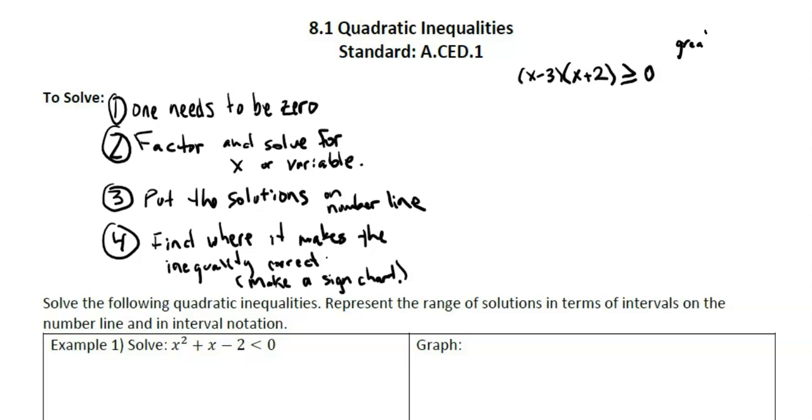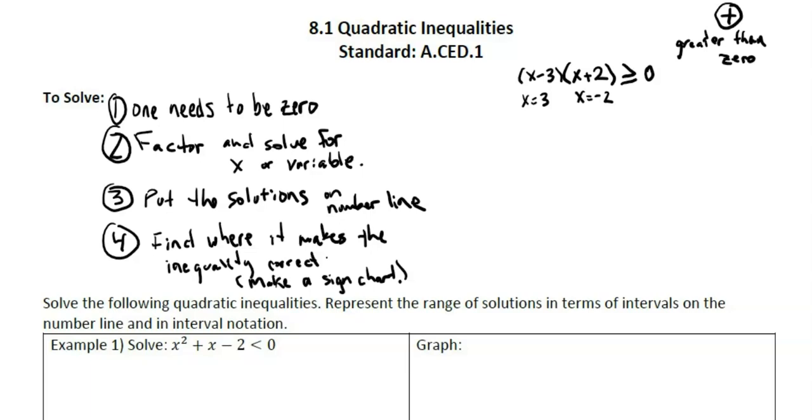So since this is greater than or equal to, focus on the greater than 0 part of it. Greater than 0 means that it is positive. Okay, so we've got here x equals 3. Would make this 0. If I put 3 minus 3, that's 0. Or x equals negative 2 because negative 2 plus 2 equals 0.